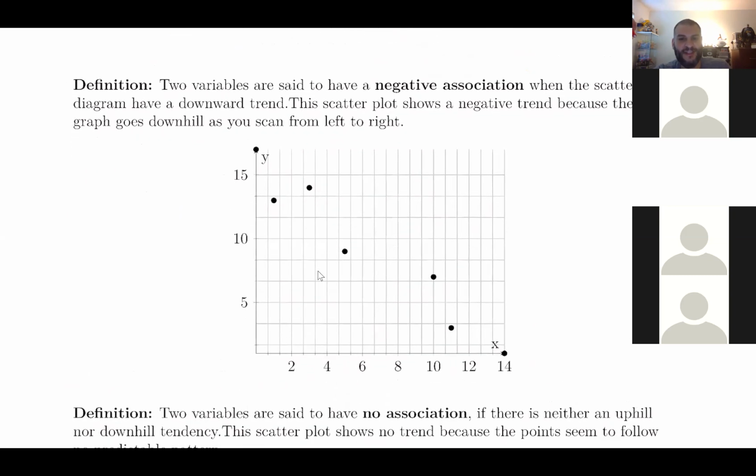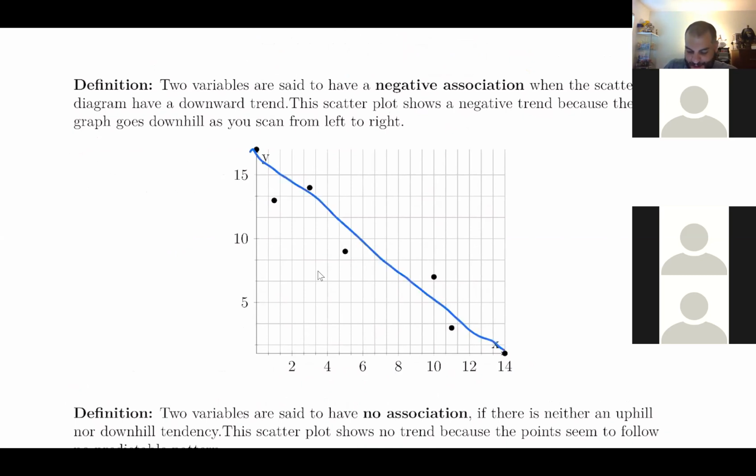For this next one, does it kind of look like a line? Yes, cool, perfect. This one pretty much looks like a line. If I draw a line, the points are relatively close to the line. Now, is it going upward or downward?